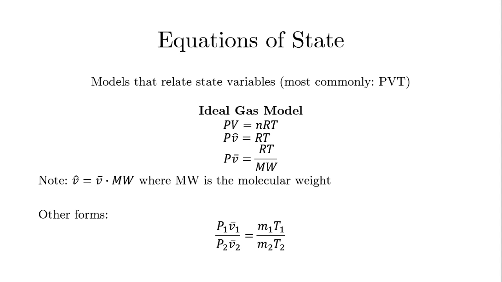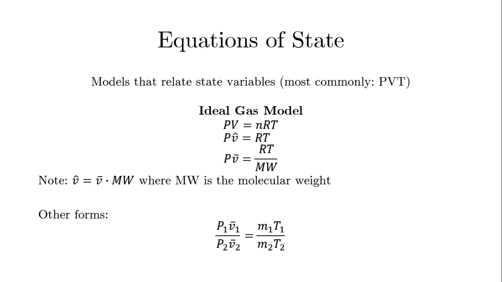You could also use the ideal gas specifically like this, as PV bar is equal to RT divided by MW, which is the molecular weight. And to remind you, to get the molecular weight, you do need the periodic table, and you just add up the atomic masses corresponding to the chemical formula that's there. So, for example, H2O: H, if you look at the periodic table, has a molecular mass of 1, and O has a molecular mass of 16.